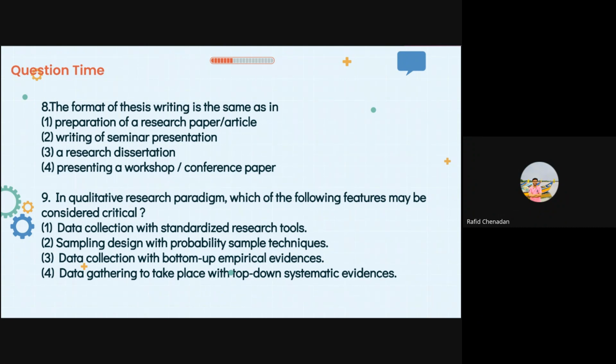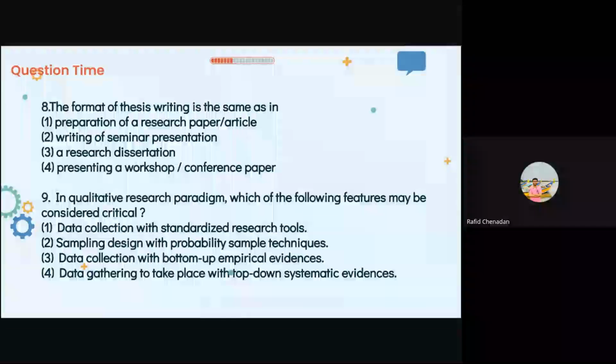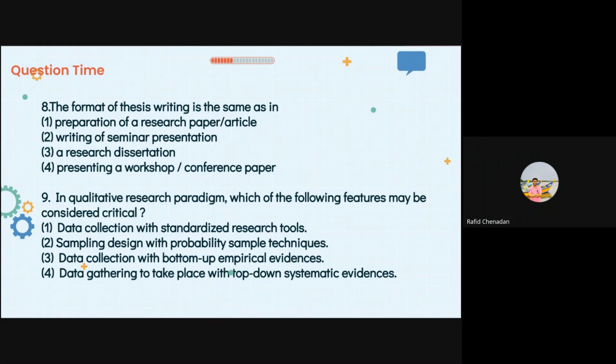Let's say you are interviewing 10 people. That interview is empirical data collection, happening at the very bottom level of your research, and the conclusion that you build from the 10 interviews is going up. It's like the top of a pyramid.